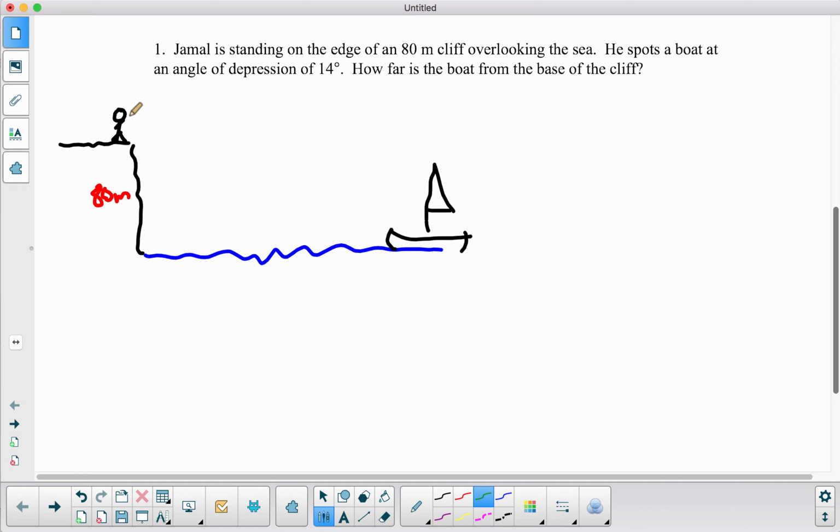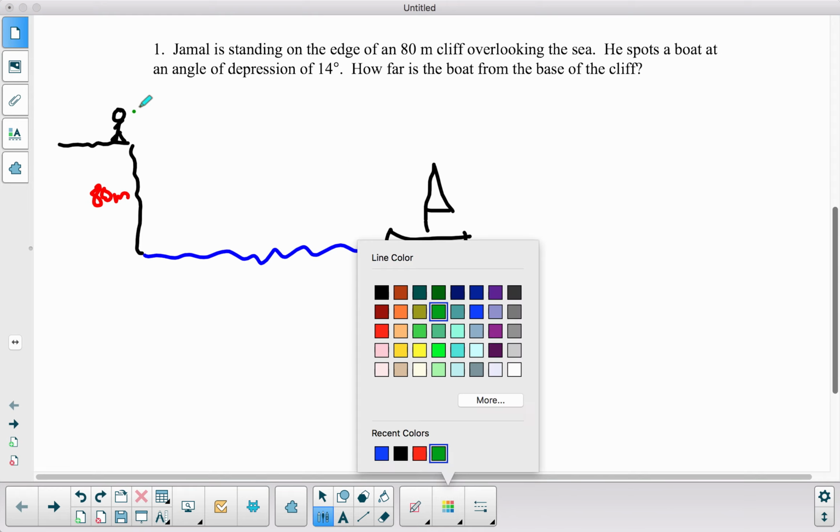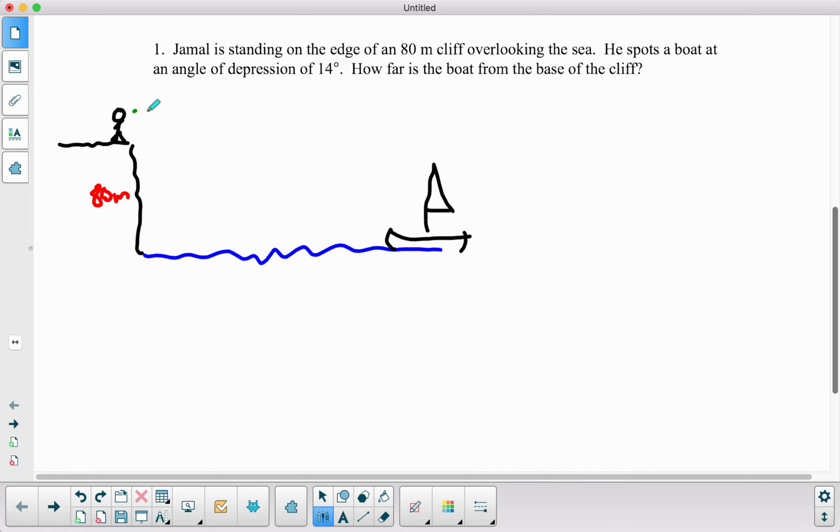So again, we want to measure that from the horizontal. So from his line of sight, which is horizontal, which kind of looks like this, he's going to look down to the boat like this.